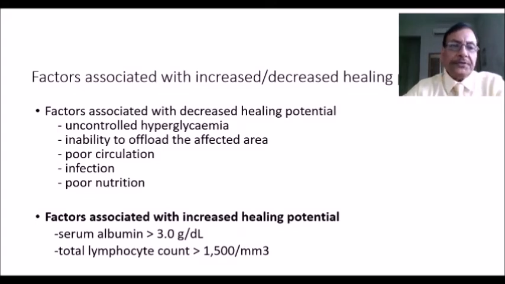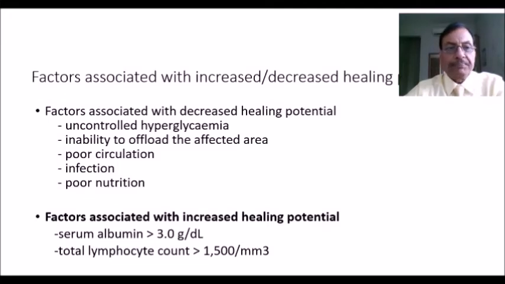Now, what are the factors by which we can predict the wound healing potential in a particular patient? Factors which have decreased healing potential are uncontrolled hyperglycemia, inability to offload the affected area, poor circulation, infection, and poor nutrition.